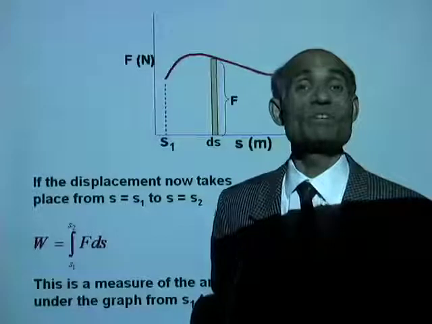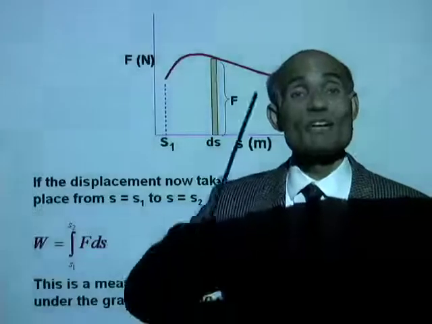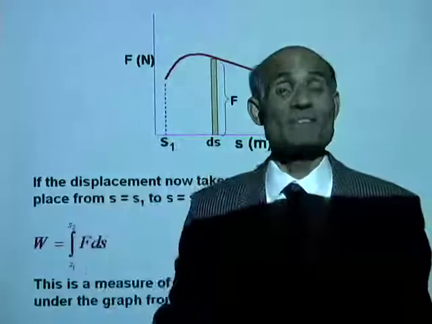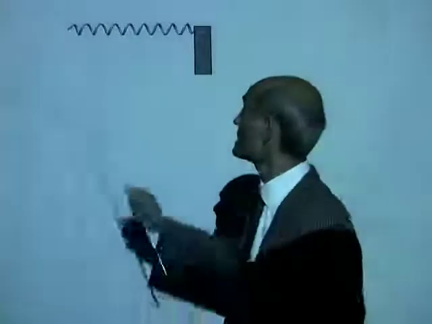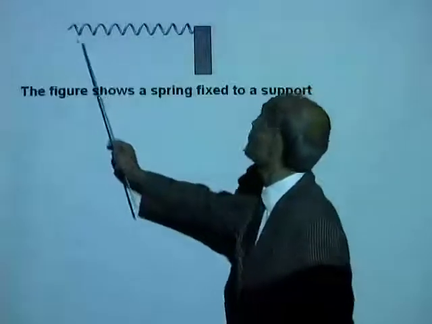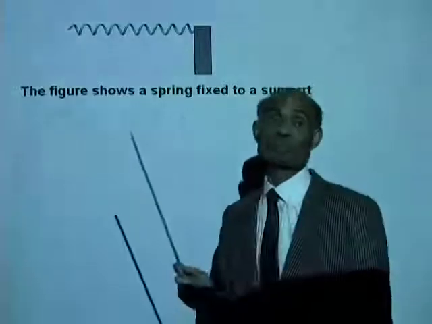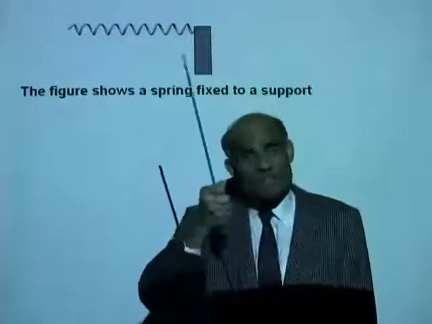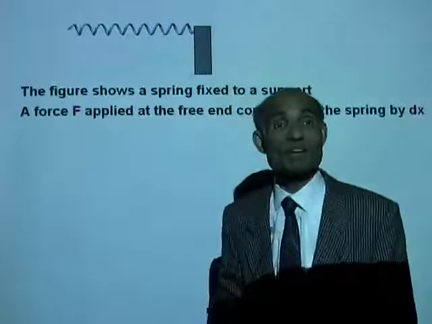A case where the force varies with displacement is actually that of a spring. Alright, let's consider a spring. The figure shows a spring fixed to a support. If you want to compress that spring, you need to apply force.